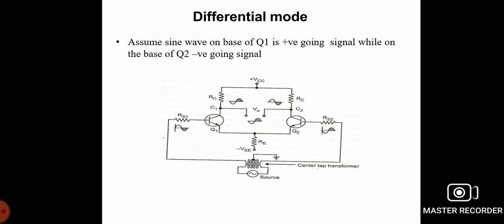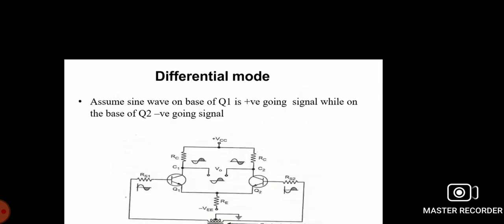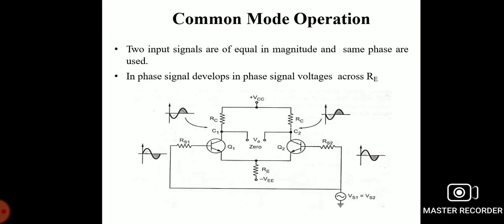So what is the common mode? It is a function of the differential mode configuration. What are the common mode signals? In common mode operation, the two input signals are equal in magnitude and of the same phase. So an in-phase signal voltage is developed across the emitter resistance.